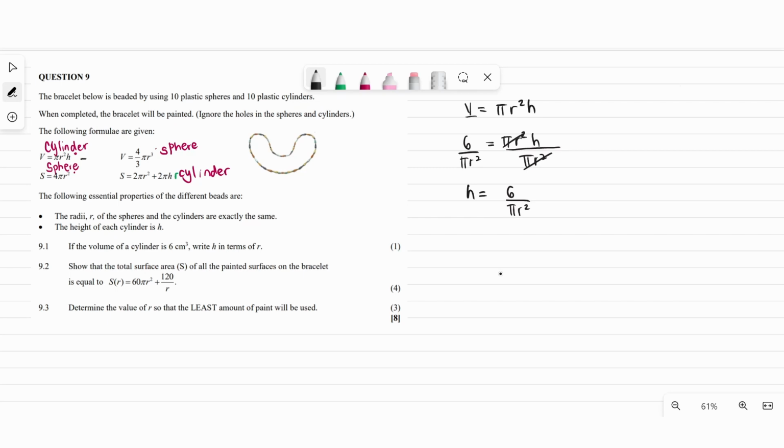Then question 2 says, show that the total surface area of all, remember, all painted surfaces of the bracelet is equal to this. So we need to find the total surface area.